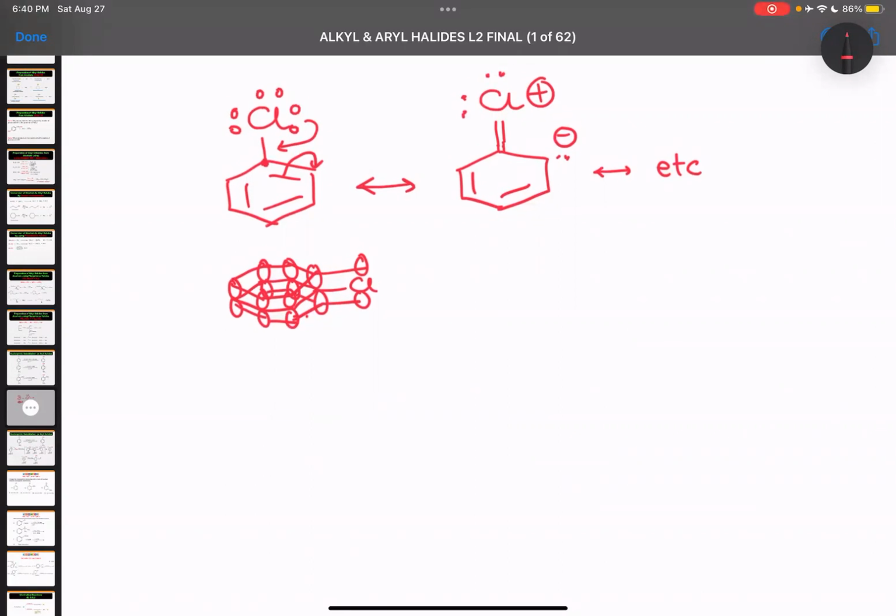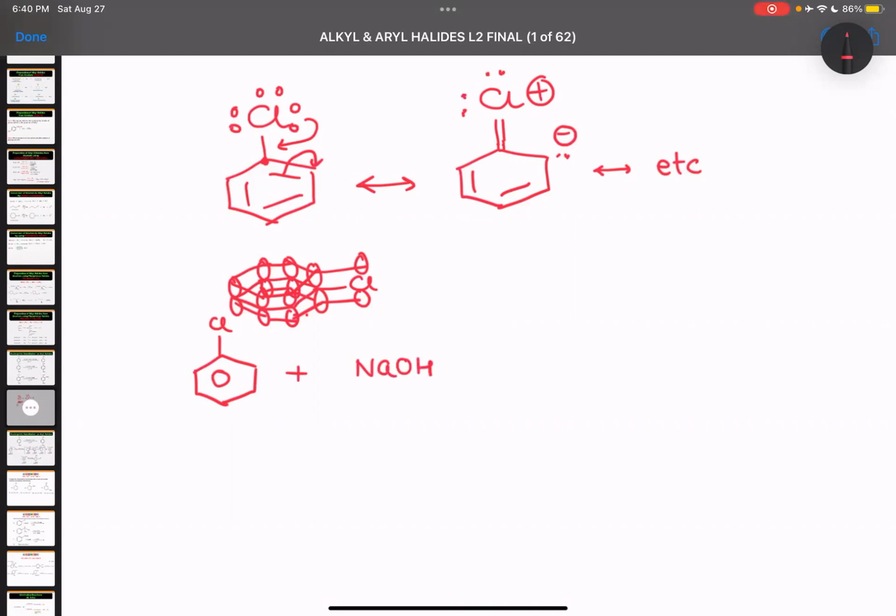So if you want to react with NaOH, you need very high temperature because the chlorine will not come out. It is doubly bonded. It is having double bond character.